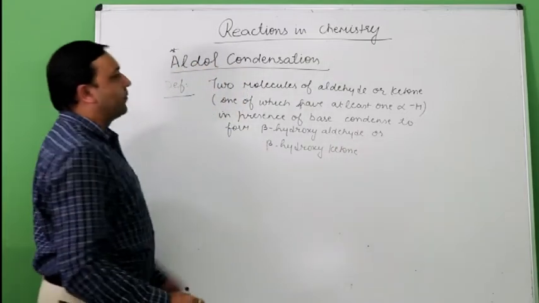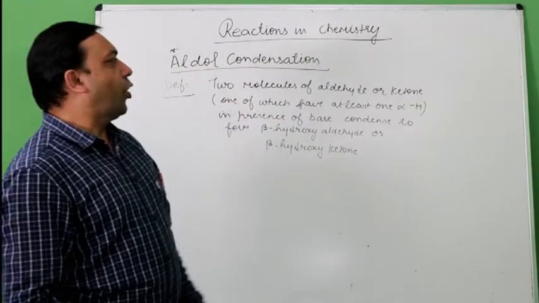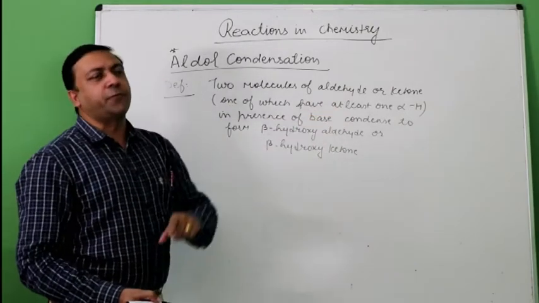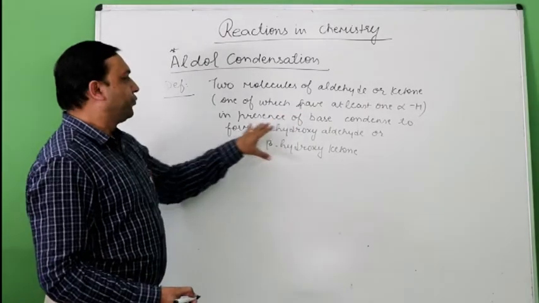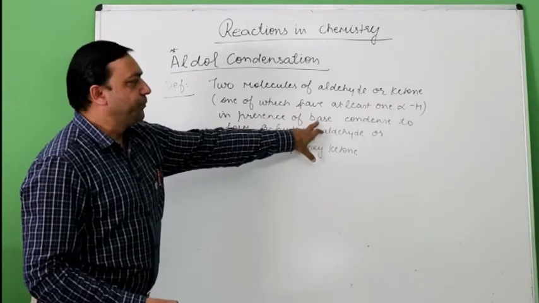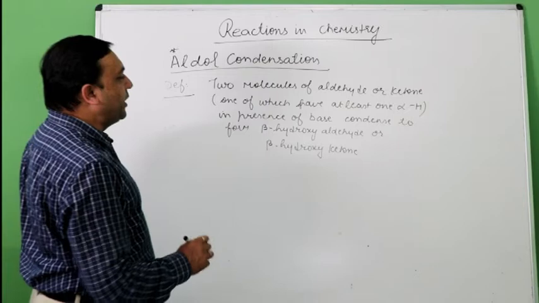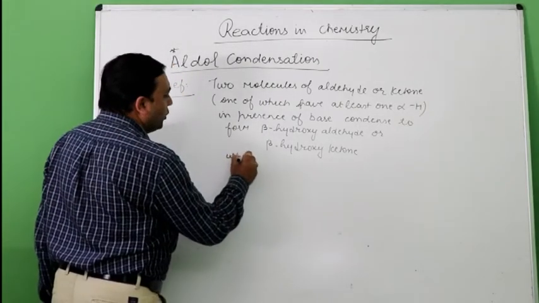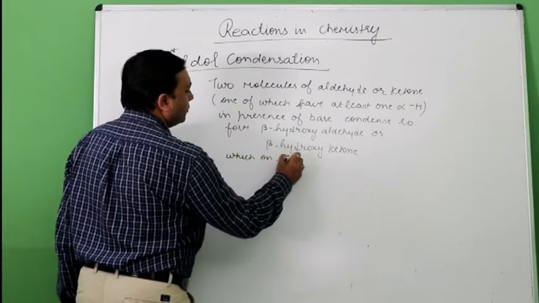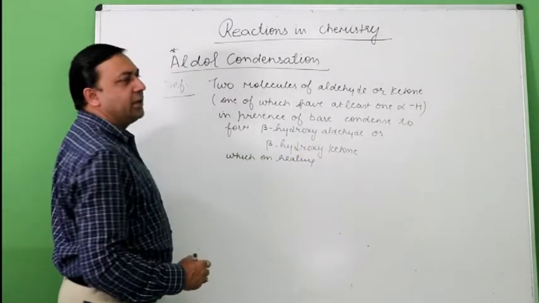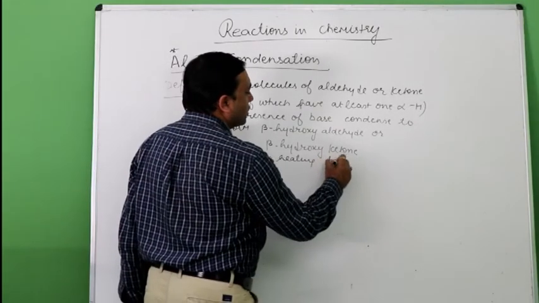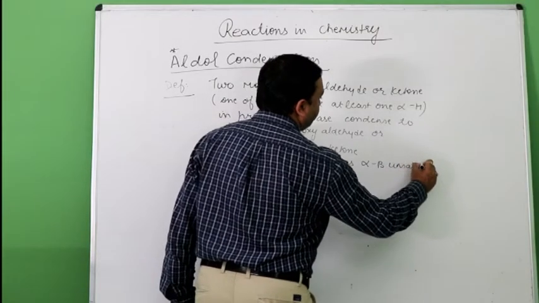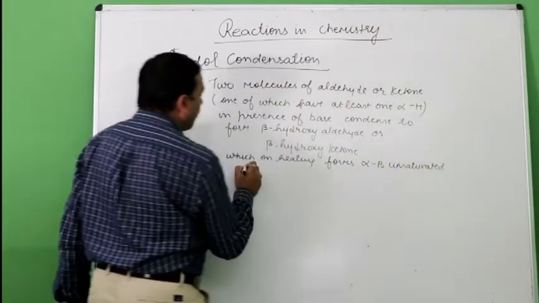The definition says two molecules of aldehyde or ketone, one of which must have at least one alpha H. This is the condition. In presence of base, they condense to form beta hydroxy aldehyde or beta hydroxy ketone, which on heating forms an alpha beta unsaturated carbonyl compound.